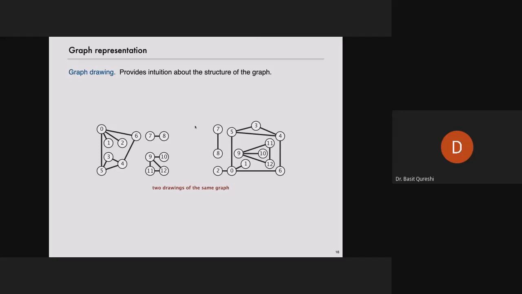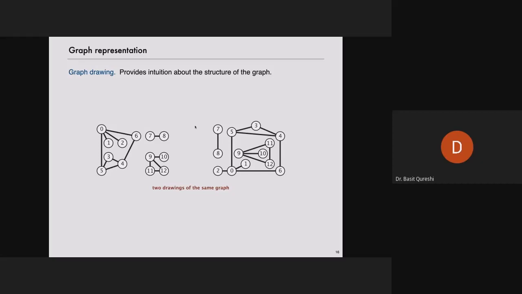On the left side, there's a connection from vertex 7 to vertex 8. On the right side, we've redrawn this graph using a different shape, a different kind of illustration, but underneath it is exactly the same. There's a component which contains vertices 9, 10, 11, 12. On the right side, 9, 10, 11, 12 is a component.